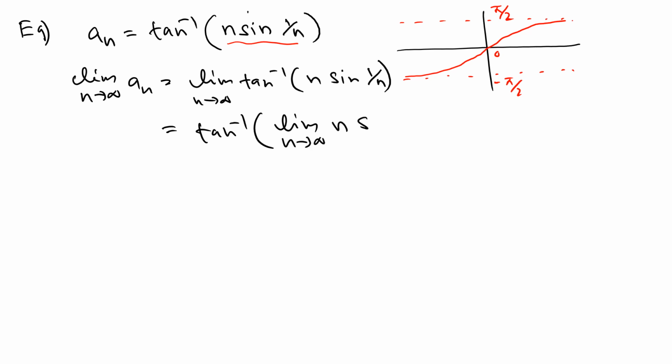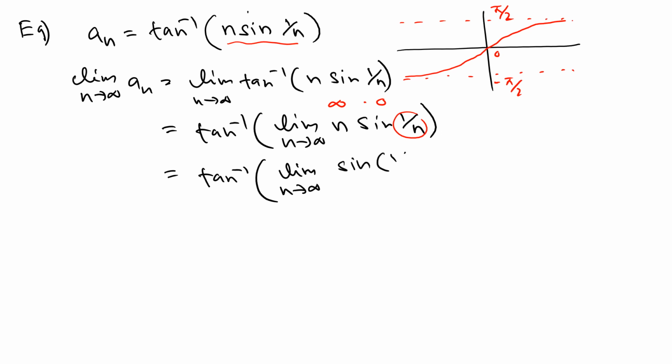So n sine 1 over n, and we notice that this is an infinity times 0 type problem. So we try to make it infinity over infinity or 0 over 0. Therefore we divide by n top and bottom to create the exact same term in the numerator and the denominator. So this is tan inverse of the limit as n goes to infinity of sine 1 over n over 1 over n. If you divide by n, the top and bottom, n gets cancelled here.